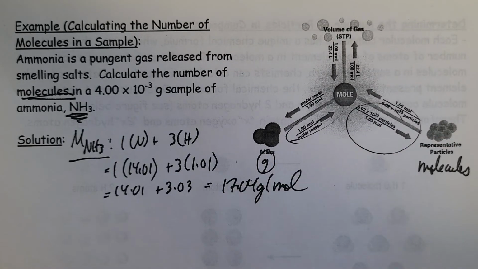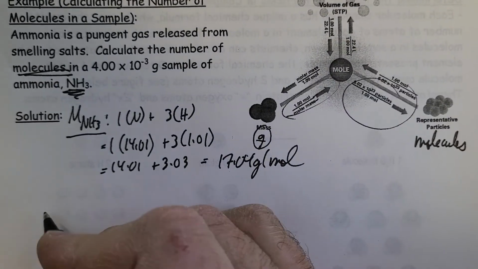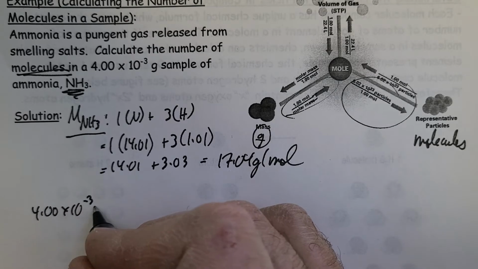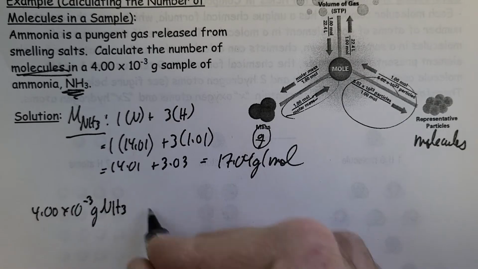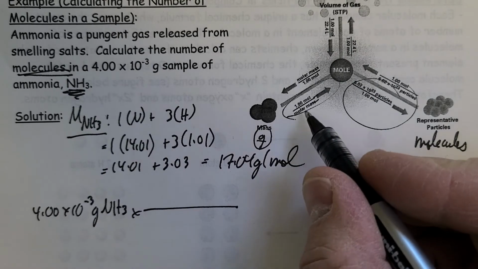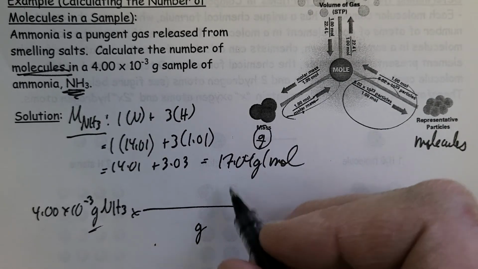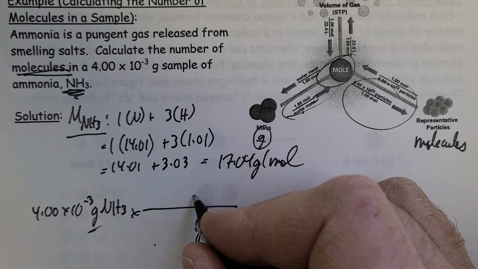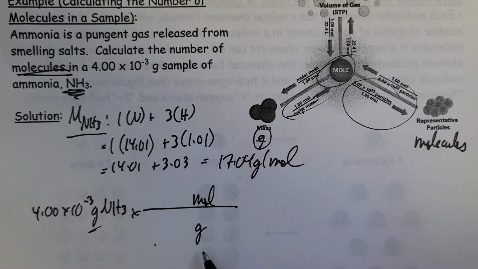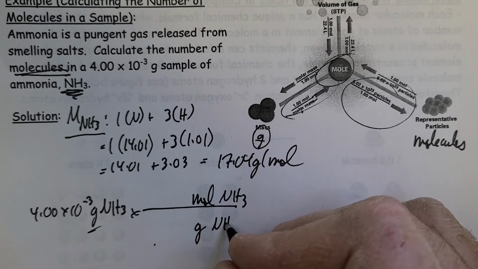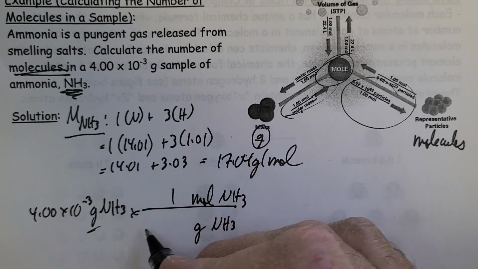So we start off with grams. Start off with what we have. It's 4.00 times 10 to the minus 3 grams of ammonia. And then going from grams to moles. So again, where you're starting from goes on the bottom. Where you're going to goes on top. So we're going to be going from grams of ammonia to moles of ammonia.